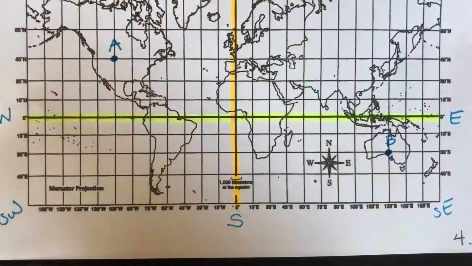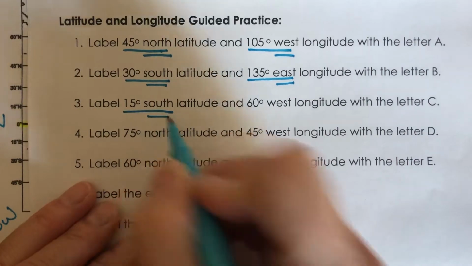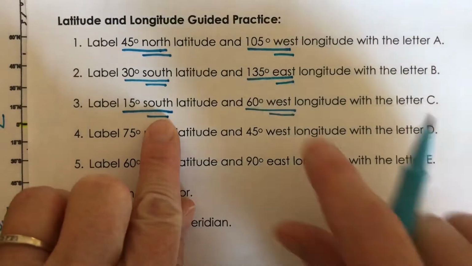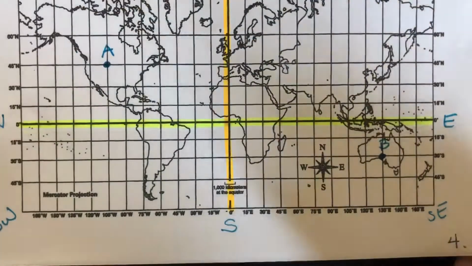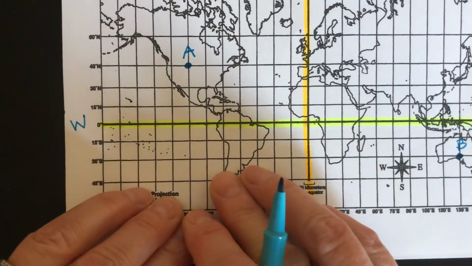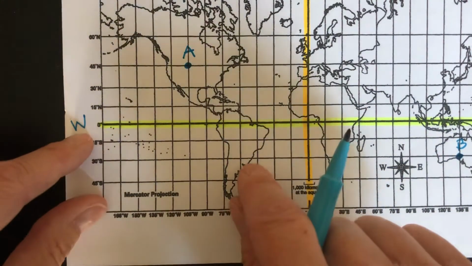Fantastic. All right, number 3 on our practice sheet that we did together said 15 degrees south, 60 degrees west. That means I want to go in the southwest section of my map, which is right over here. If this is south and this is west, this is southwest. That means I'm going to use the numbers that are right along the side of this section.